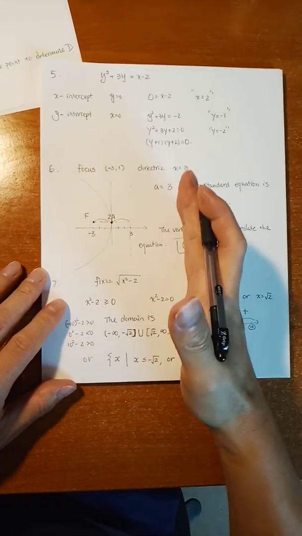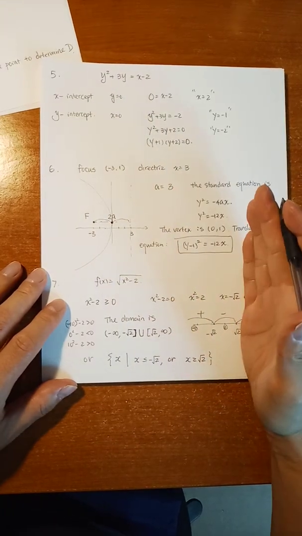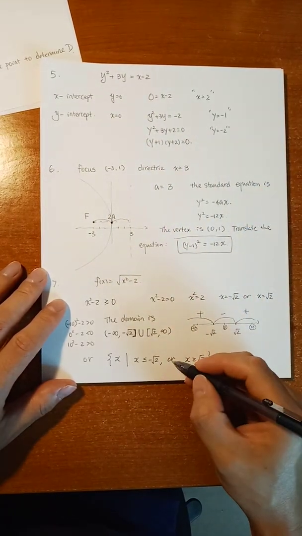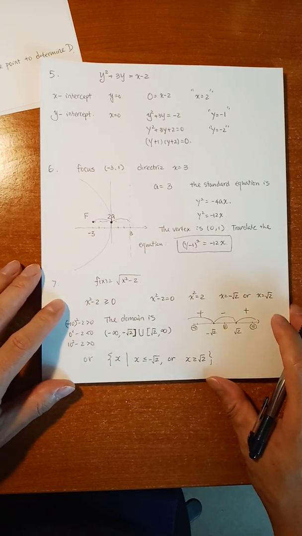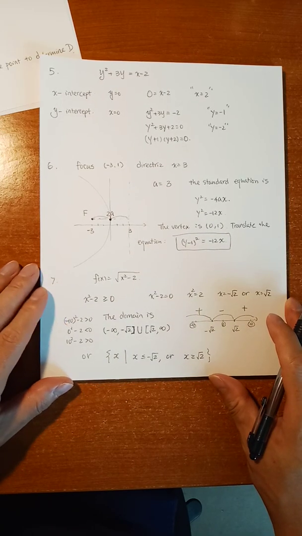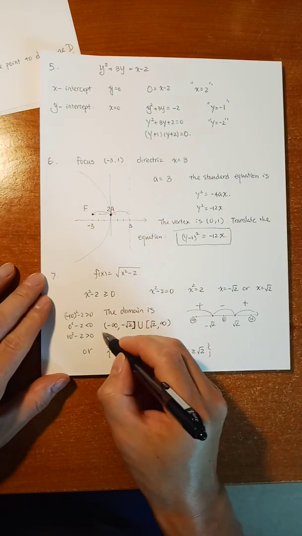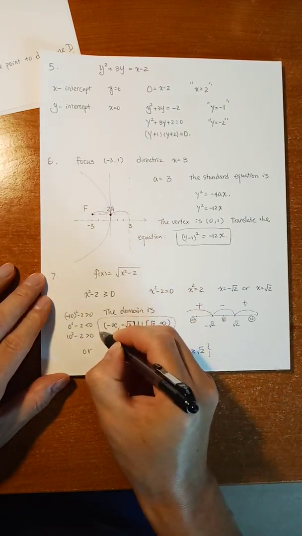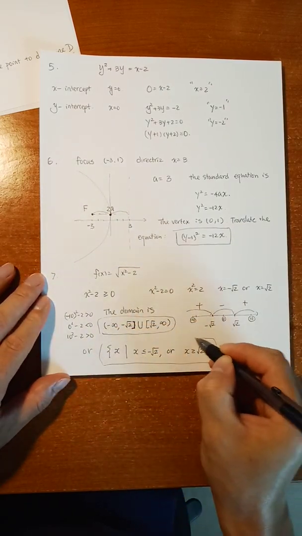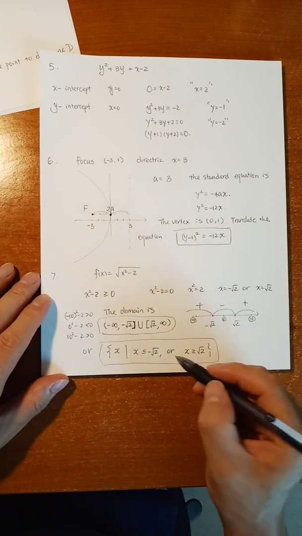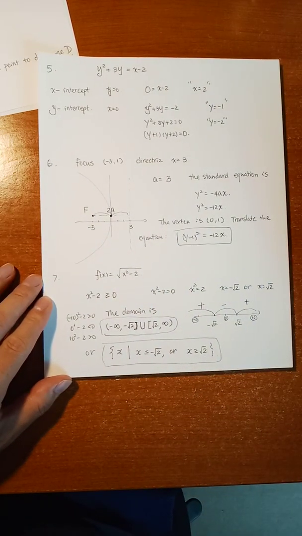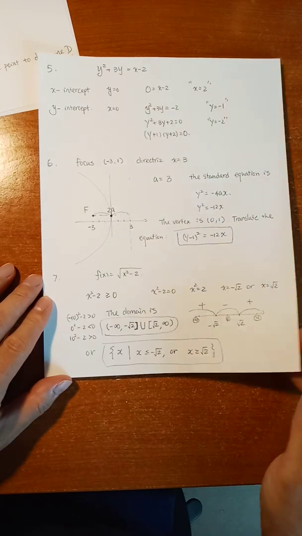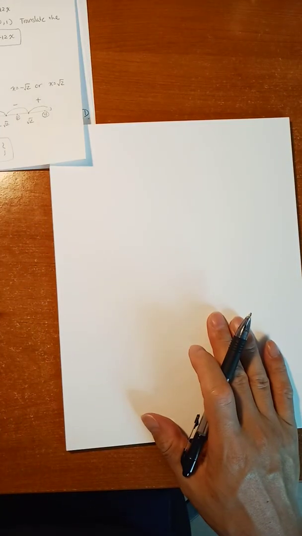It is either in the left wing or in the right wing. If you don't write this word, the condition will not make sense. All right? So this is the right answer. This is also a right answer. You can choose either of them, but you must put this word or.